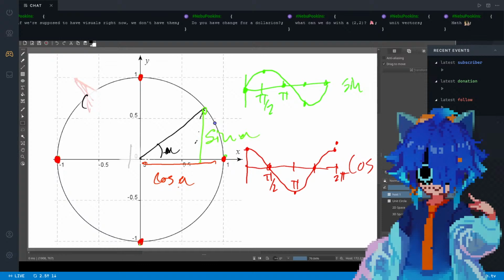How is that for a super brief, no scuff at all introduction to trigonometry, as fast as possible?